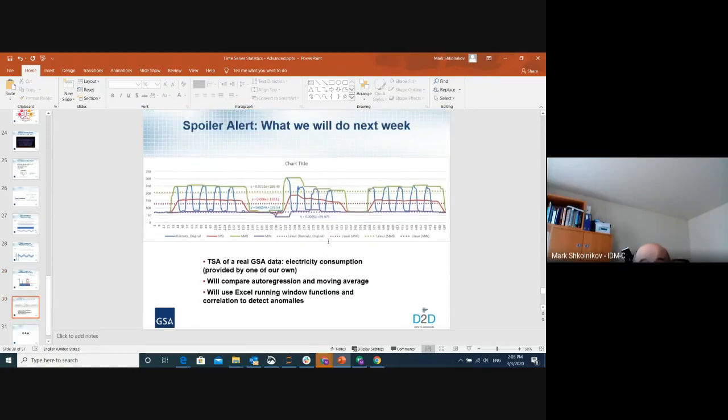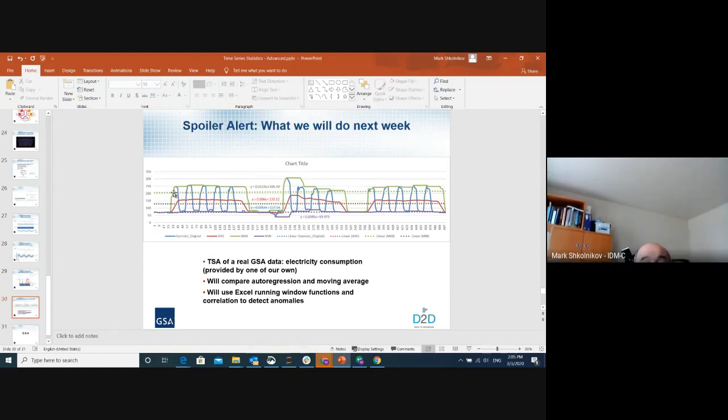So now let's talk a little bit about what we will be doing in class. One of my Python students provided very interesting time series data. This is data of electric consumption at buildings.